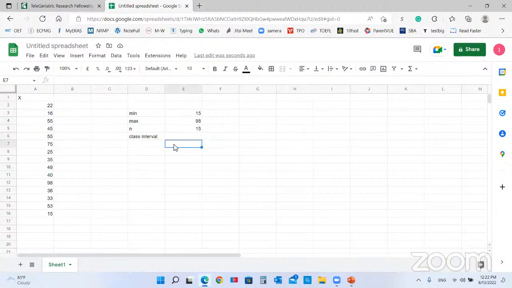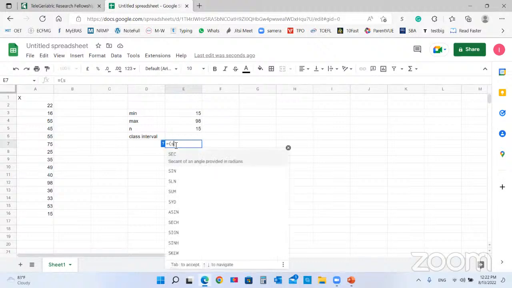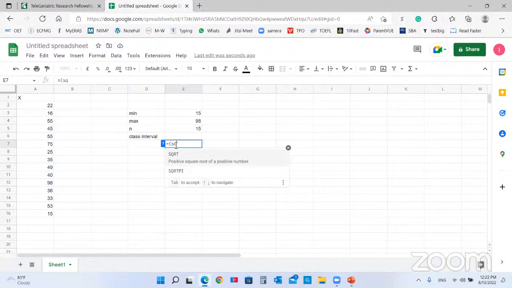So equal, open bracket, SQRT of 15. And it's around 3.87. I will round it up to 4. So the number of classes would be 4. So we have 4 groups, okay?